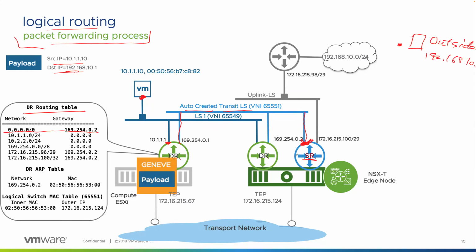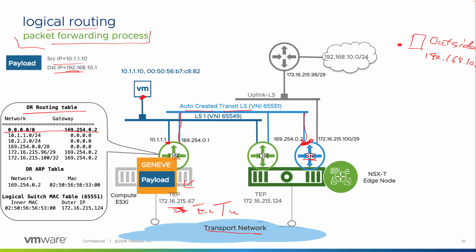Within this step, this transport node, or hypervisor, just checked. The purpose is we want to transmit this packet to the SR, but the SR is on another TN, another physical server. So we have to prepare to do the encapsulation, to do the tunnel transportation, right?